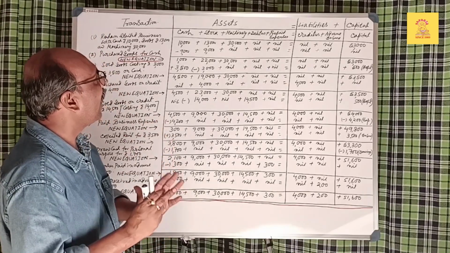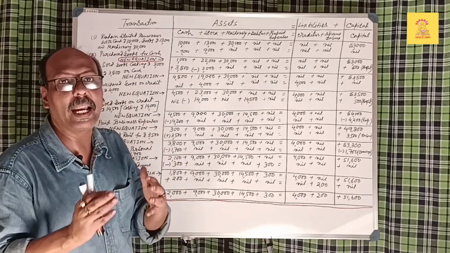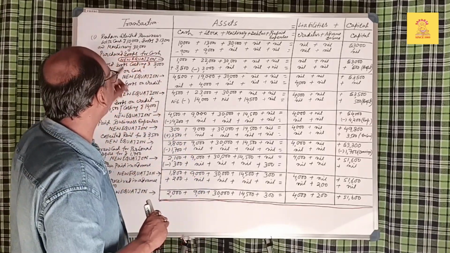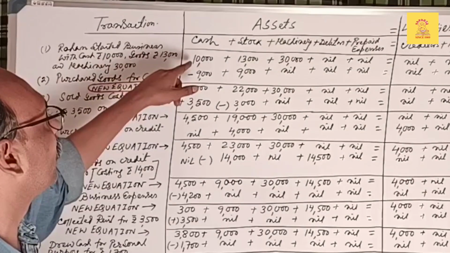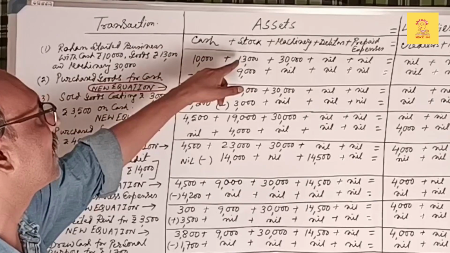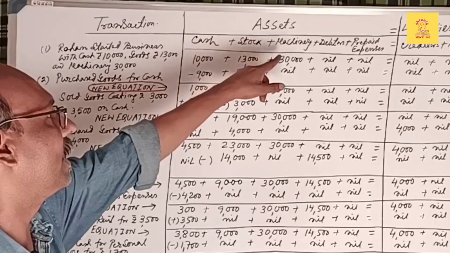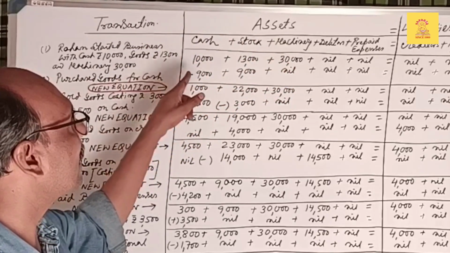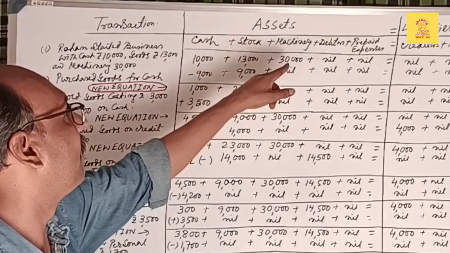Now I will show the increase and decrease with the help of plus and minus signs. He has given cash into the business, so 10,000 plus, stock 13,000 plus, machinery 30,000 plus. That means it increases the assets of the business.